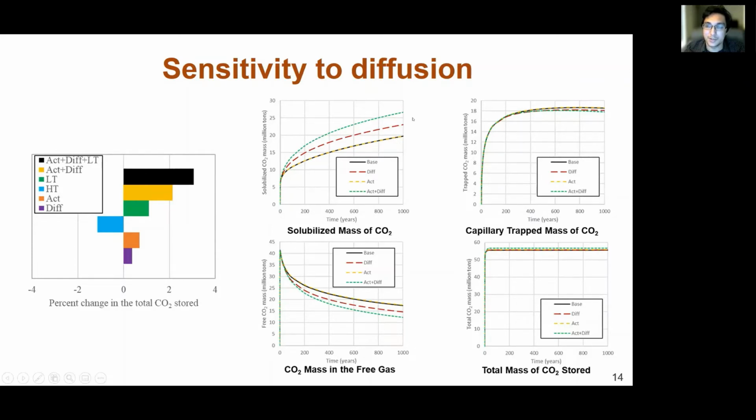But if we have all the cells active plus molecular diffusion, we have a huge increase in the amount of CO2 that is stored, that is solubilized. And on the other hand, we have a huge decrease in the amount of CO2 that is in the free mobile form, right? However, when we look at the amount of CO2 that has been trapped by capillary trapping, we do not see much change.